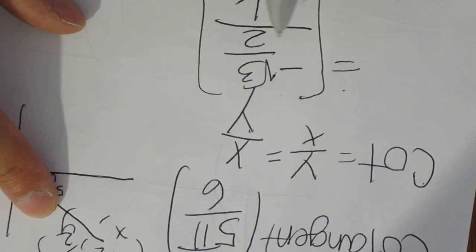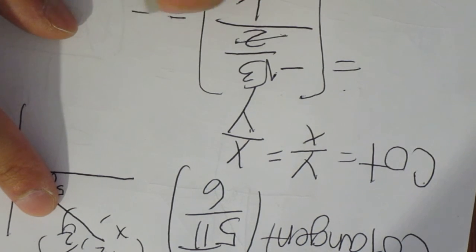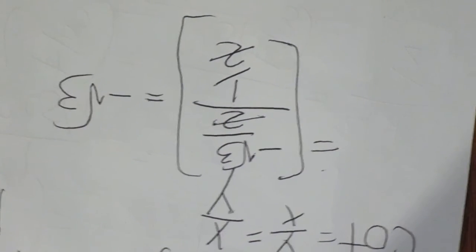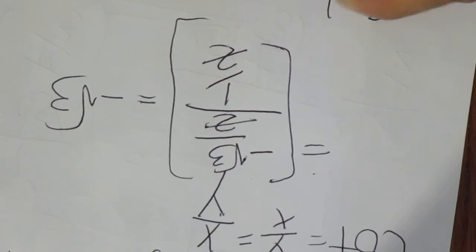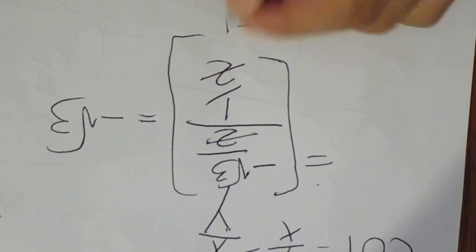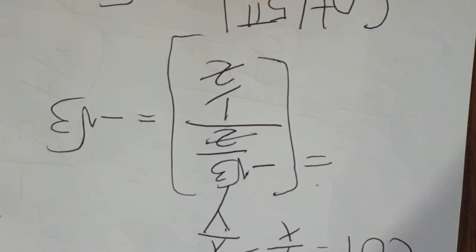The LCD cancels, so it's just negative √3. So cotangent of 5 pi over 6 equals negative root 3.